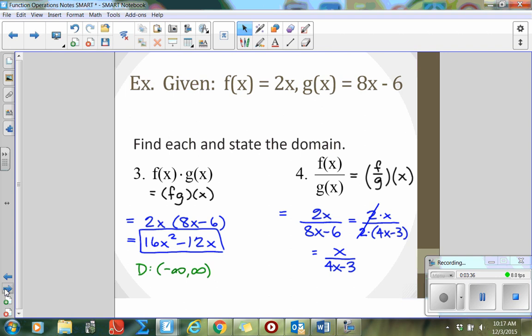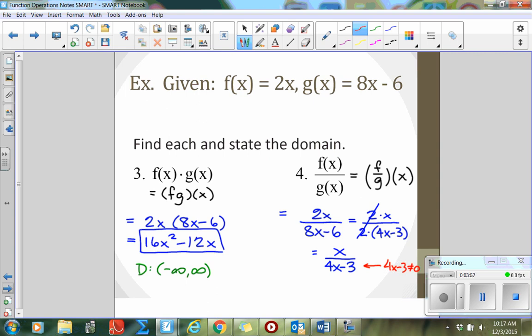Let's talk domain, however, because you should recall that we mathematically cannot divide by 0. And now that we have a fraction, we have a division operation, we have to make sure that 4x minus 3 does not equal 0.